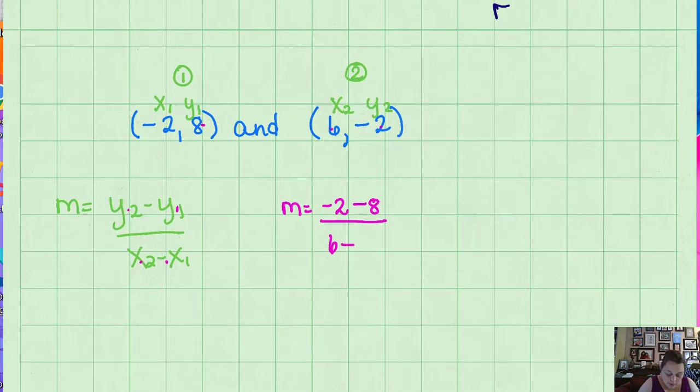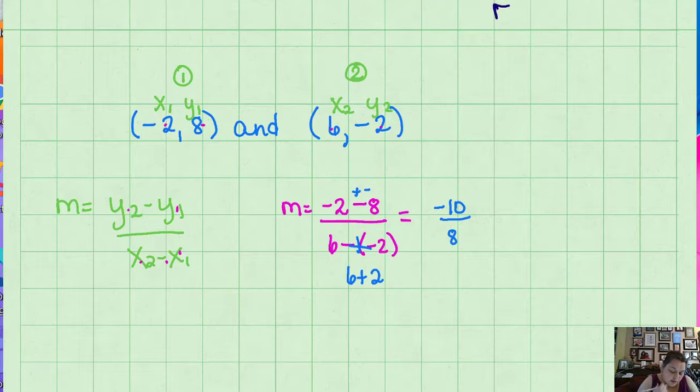So it's always minus, but we're minusing x1, which is -2. So I'm going to put -2 in parentheses. So on the top, you have -2 minus 8, which is the same as -2 plus -8. So -2 plus -8 is -10 over 6 minus -2, which is the same as 6 plus 2. So when you have minus and negative, it makes it a plus. So 6 plus 2 is 8.